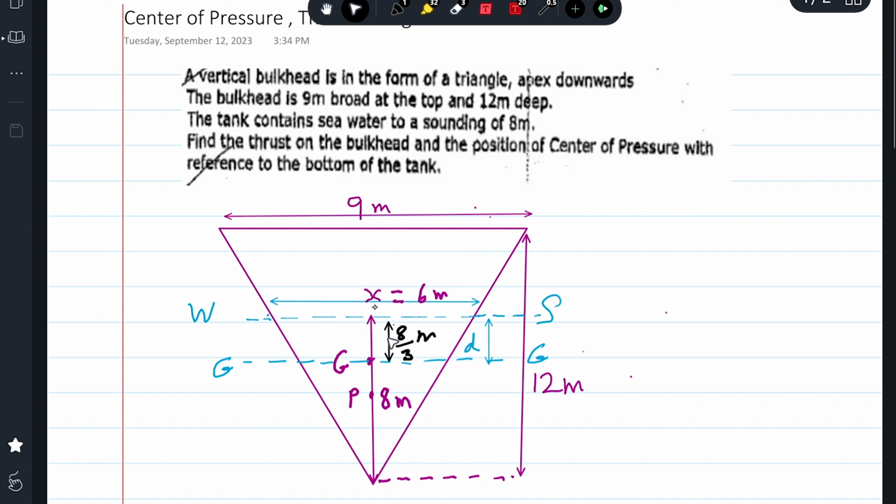The height of the triangle is the sounding, 8 meters, so 8 by 3 meters is the depth of the centroid from the base, which is the water surface. And below the centroid G, there is the center of pressure that we have to find.